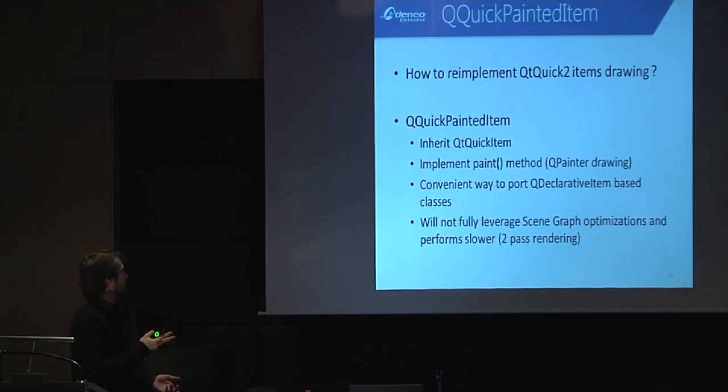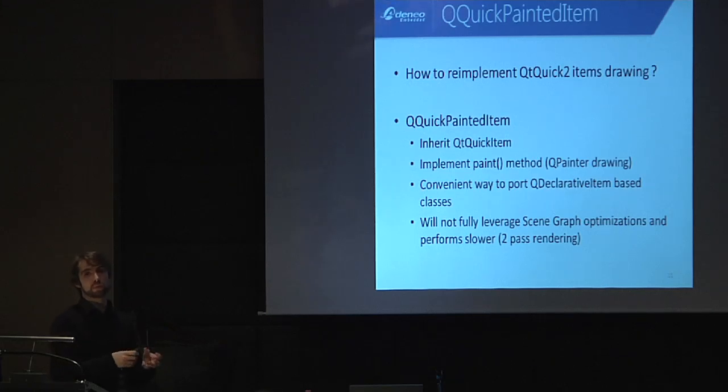Again, several ways. Probably always several ways, but you have one way that is in the middle between Qt 5 and Qt 4, which is using QQuickPaintedItem. This one uses Qt 5 components and everything, but it provides a paint method just like you had before with Qt 4.